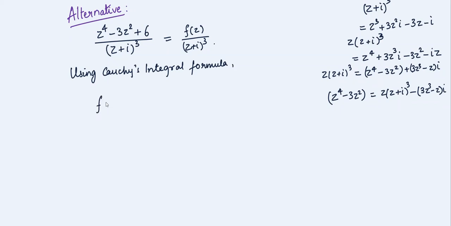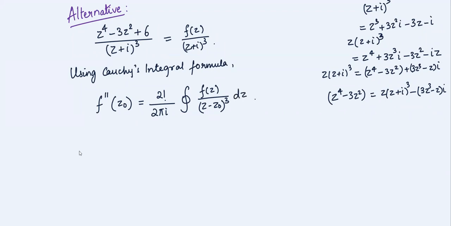What is that? f double dash z naught will be 2 factorial by 2 pi i times the integral of f of z by (z minus z naught) the whole cube.